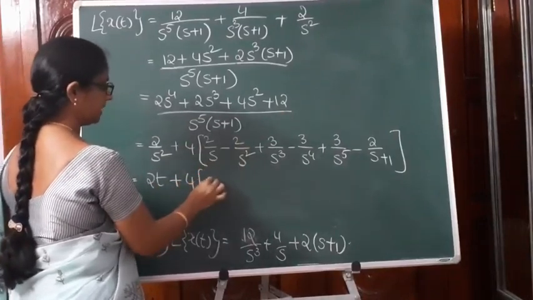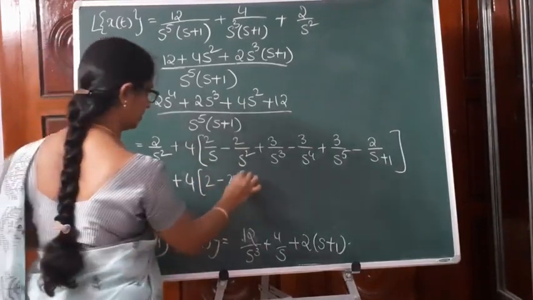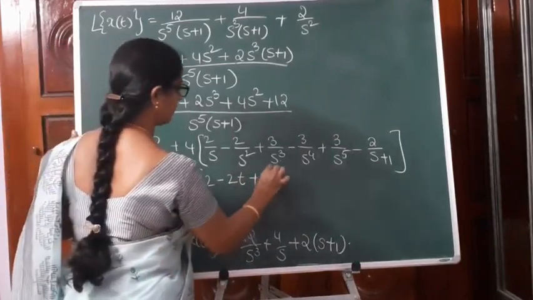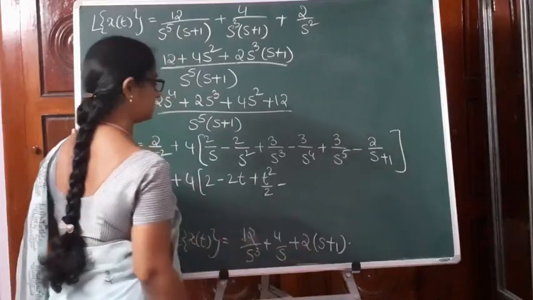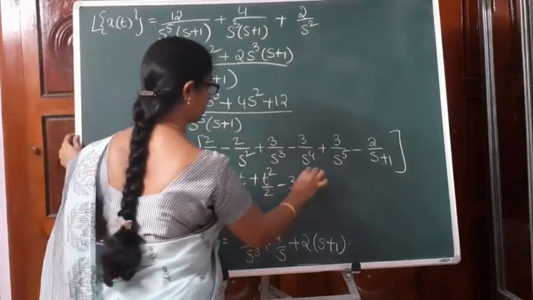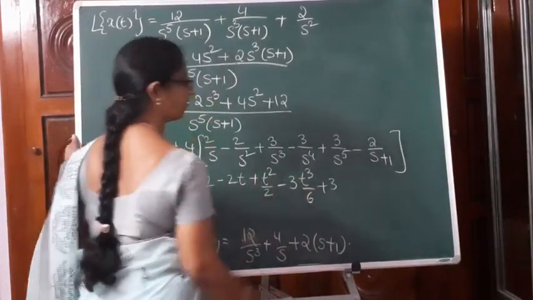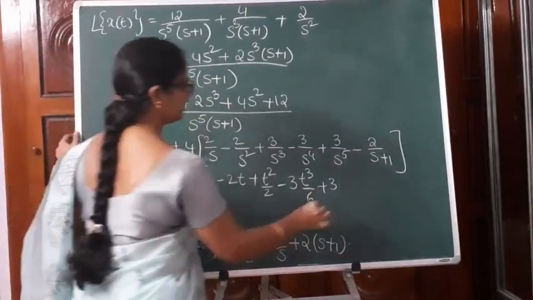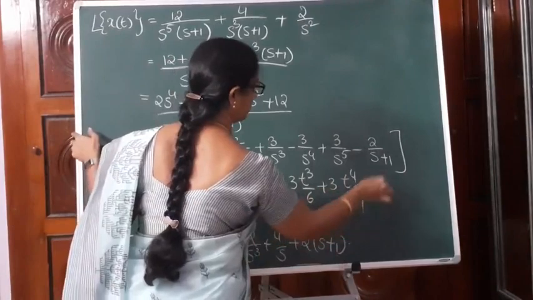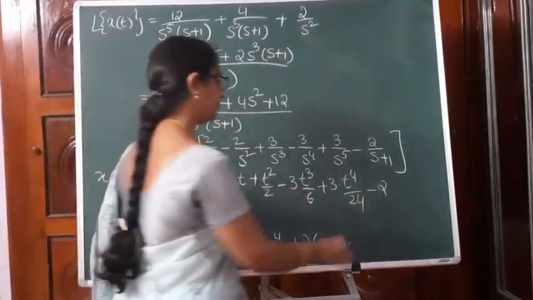L inverse of 1 by s is 1, so this is 2 minus 2 into L inverse of 1 by s square, which is t, plus 3 into L inverse of 1 by s cube, which is t square by 2 factorial, minus 3 into L inverse of 1 by s power 4, which is t cube by 3 factorial, that is t cube by 6, plus 3 into L inverse of 1 by s power 5, which is t power 4 by 4 factorial. 4 factorial is 24, minus 2 into L inverse of 1 by s plus 1, which is e power minus t.